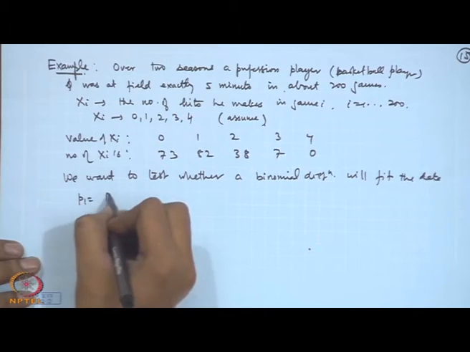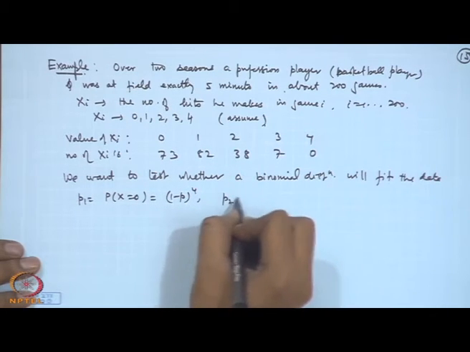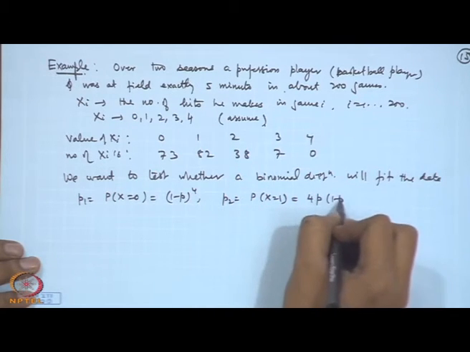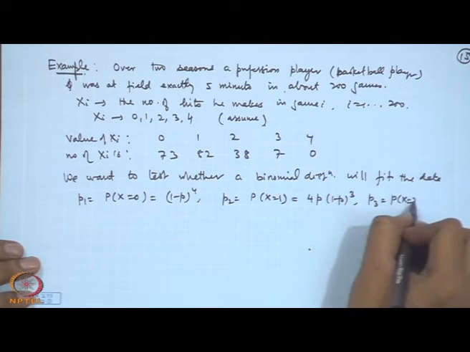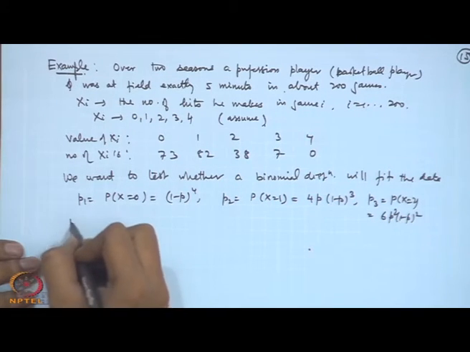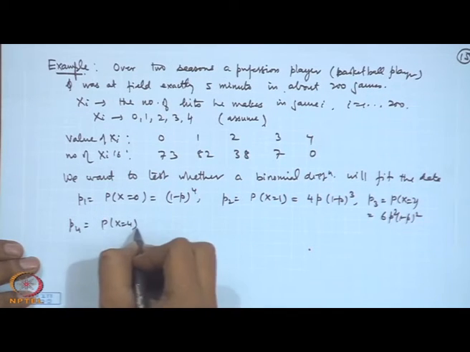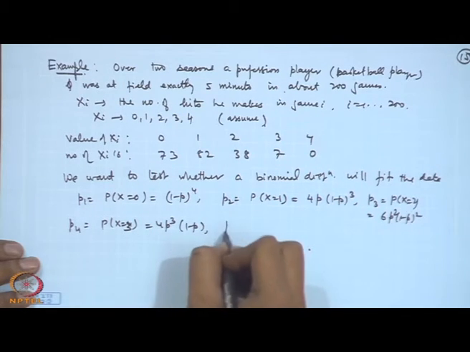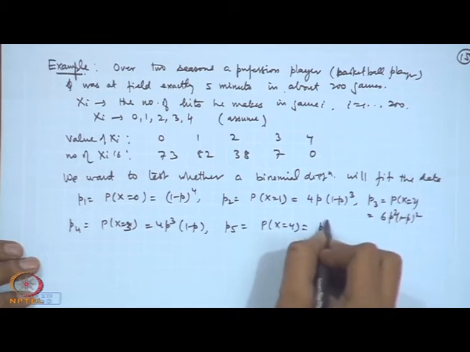So, p 1, that is probability x equal to 0, that is equal to 1 minus p to the power 4. p 2, that is probability x equal to 1, that is equal to 4 p into 1 minus p cube. p 3, that is probability x equal to 2, that is equal to 6 p square into 1 minus p square. p 4, that is probability x equal to 3, that is equal to 4 p cube into 1 minus p, and p 5 is equal to probability x equal to 4, that is equal to p to the power 4.